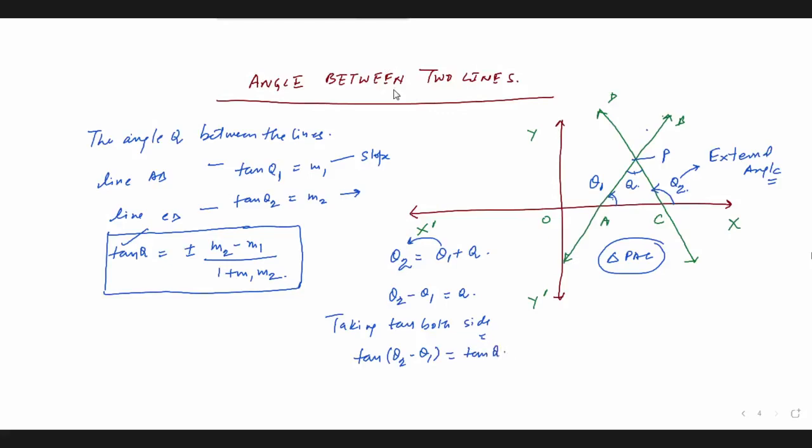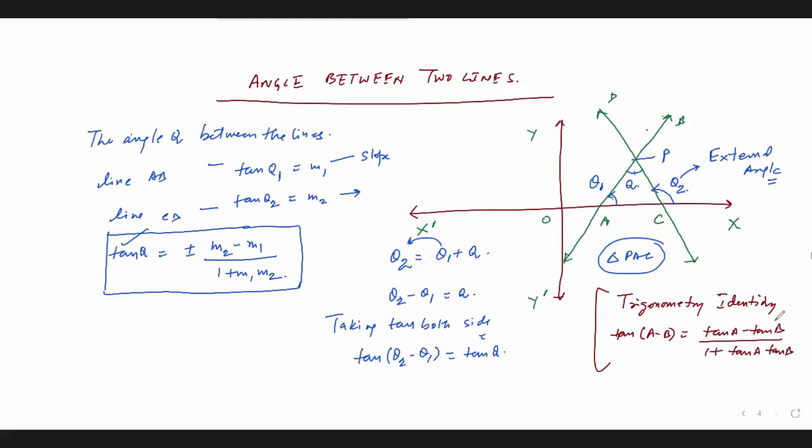Now we have to use a trigonometric identity. Which trigonometric identity will I apply here? That is tan A minus B. And what is the formula for tan A minus B? It is tan A minus tan B divided by 1 plus tan A tan B.